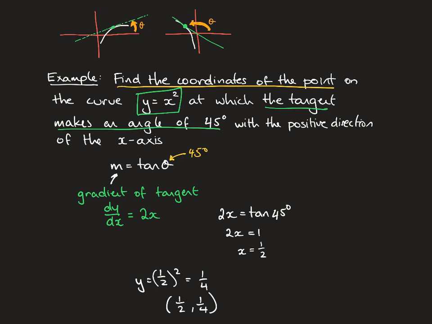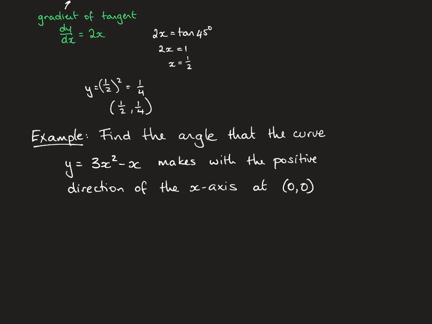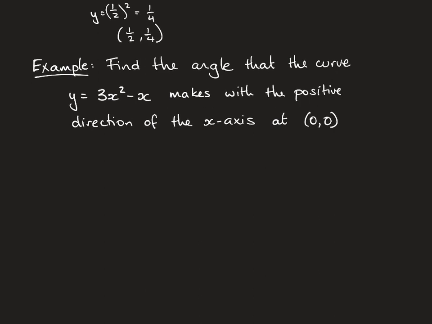The second sort of example is to find the angle. So here's an example. Find the angle that the curve y equals 3x squared minus x makes with the positive direction of the x-axis at (0, 0).